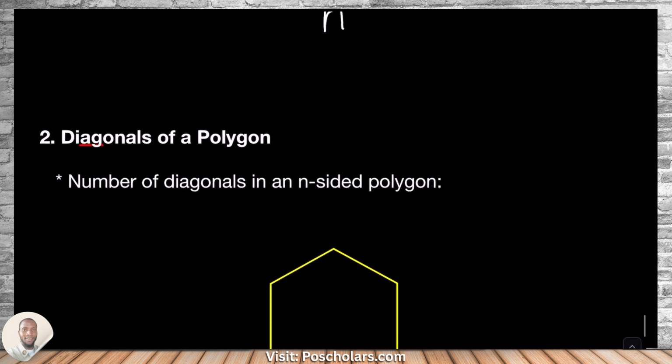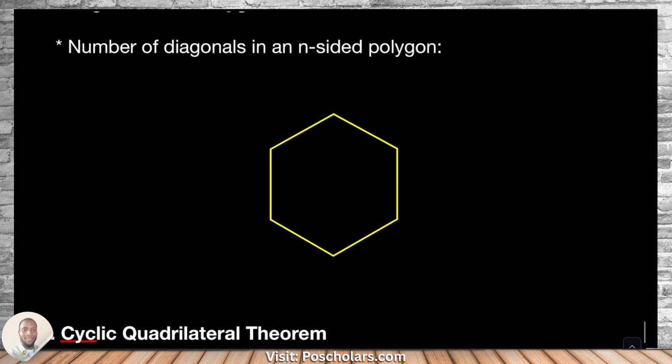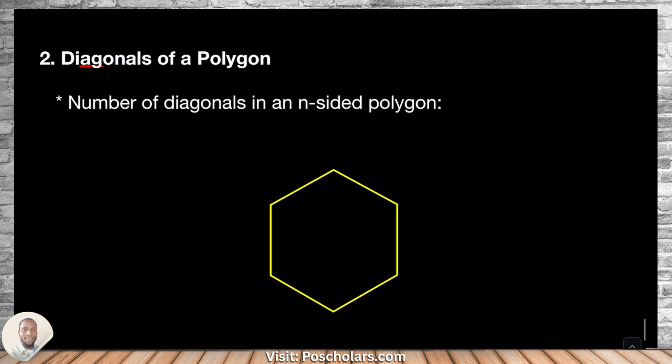Then next, diagonals of a polygon. Number of diagonals in an n-sided polygon. So the number of diagonals of an n-sided polygon is given as n times (n minus 3) over 2, right? So this formula helps you to find the number of diagonals in an n-sided polygon. For example, this polygon has 1, 2, 3, 4, 5, 6 sides.